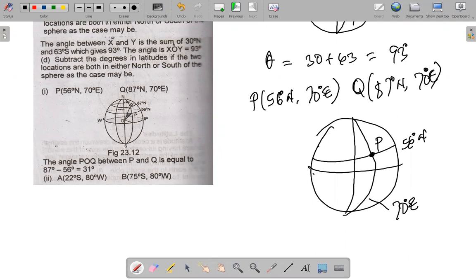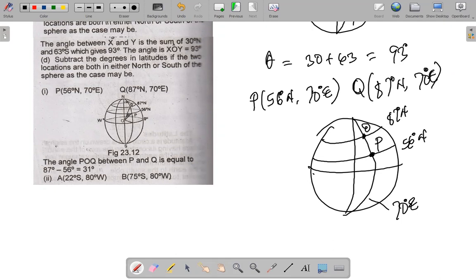Remember the latitude is increasing upward, so I'm going to assume 87. Nope. 87 is close to 90. From the equator to the North Pole is 90 degrees. So let's move this one up a little to make it mathematically correct. This is 87 degrees north, but the longitude still remains at 70 degrees.